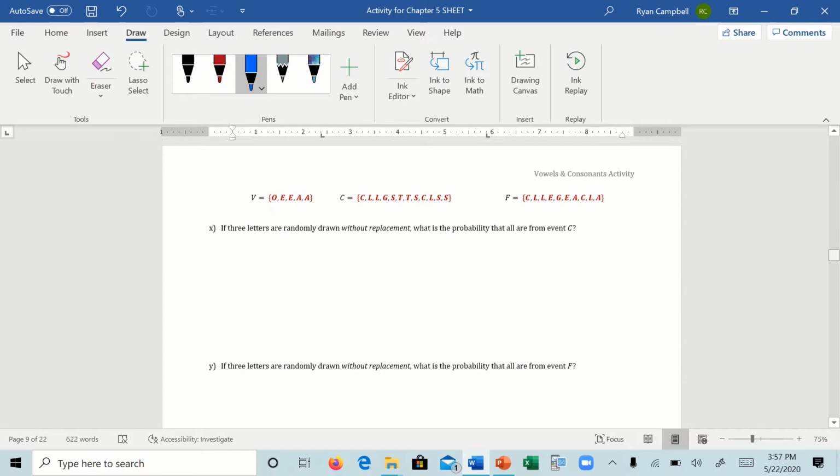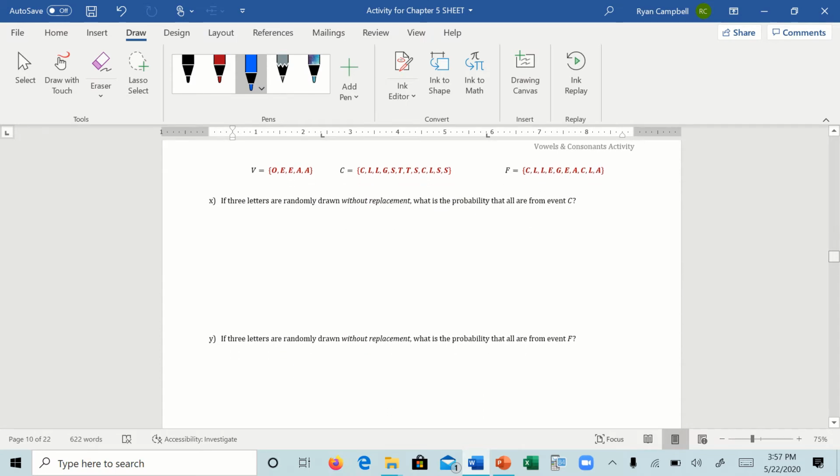All right, so let's do the same thing, but with event C. So again, it's the probability of C and C and C, right? There are 3 letters. Each of them are supposed to be consonants. Probability of C, we said, was going to be 12 out of 17. Times, remember this is without replacement, so it goes down.